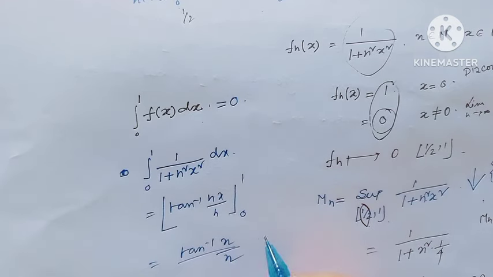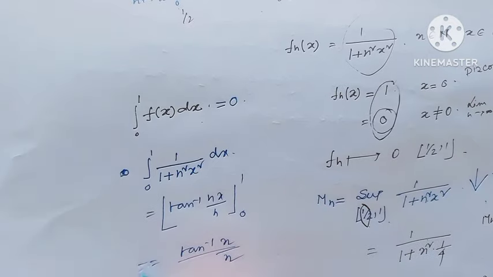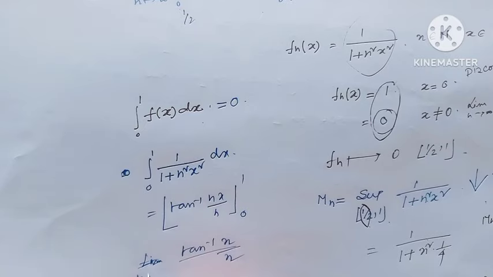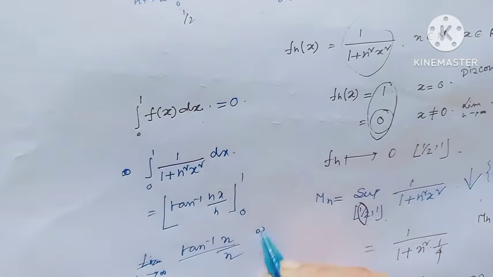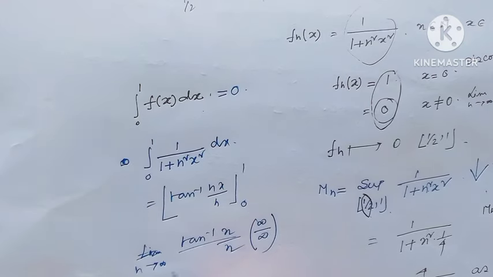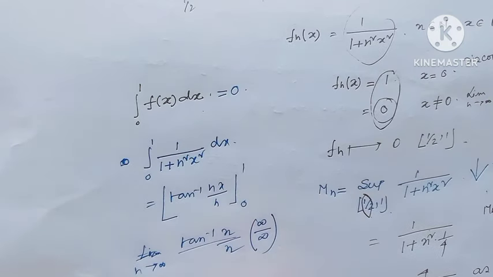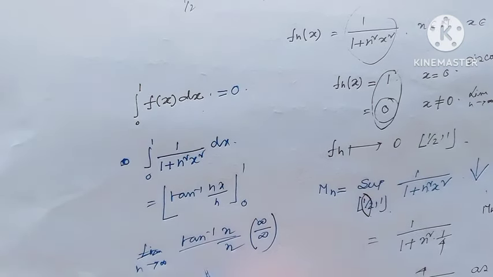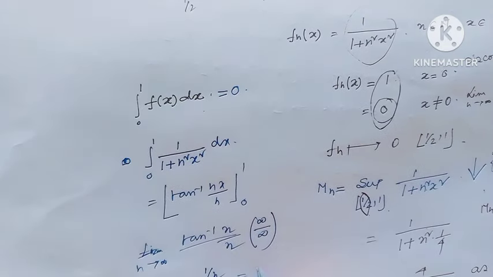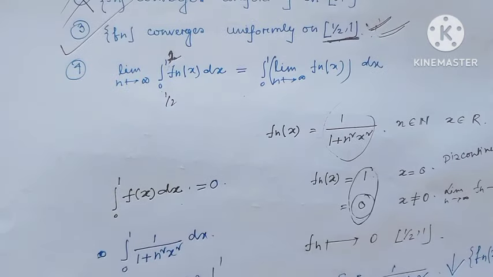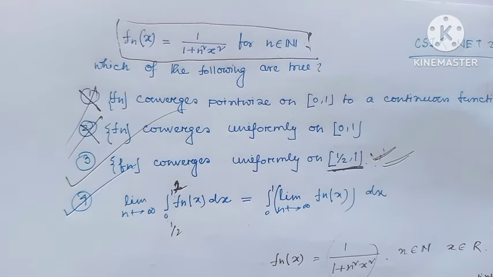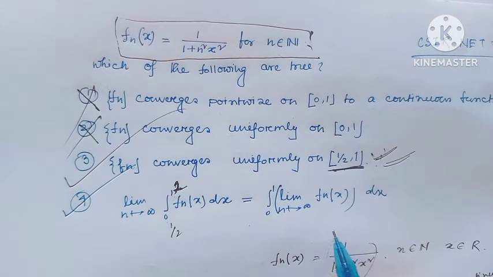Since we have to find the limit as n tends to infinity, this is infinity by infinity. So if we apply L'Hospital's rule, this would be 1 over n, and this is 1, and this value equals 0. That means the integrals are equal, but the sequence of functions is not uniformly convergent.